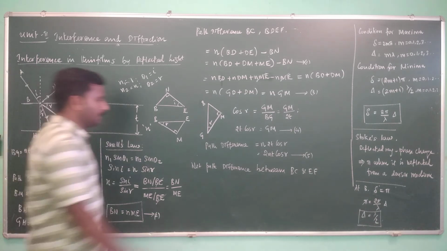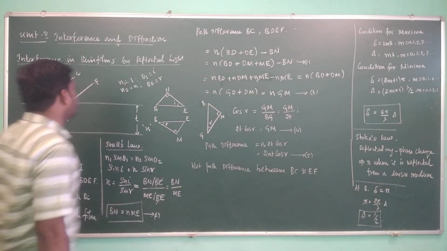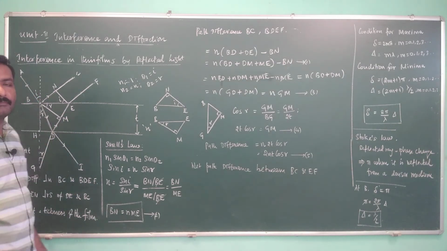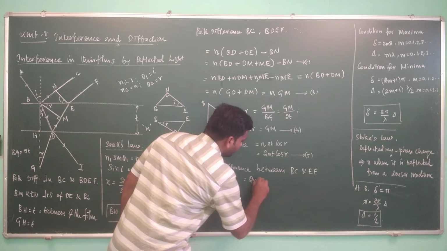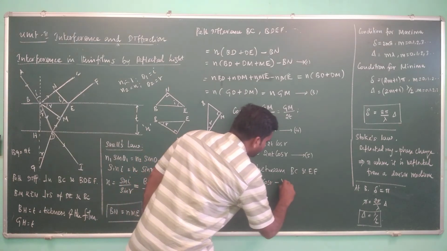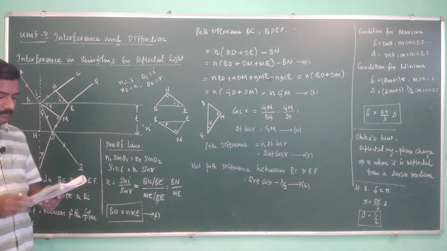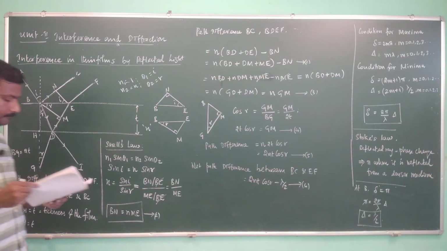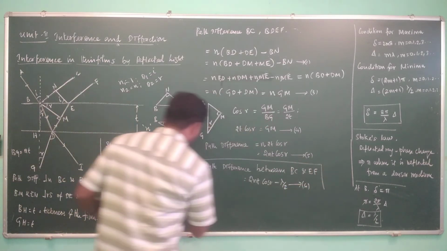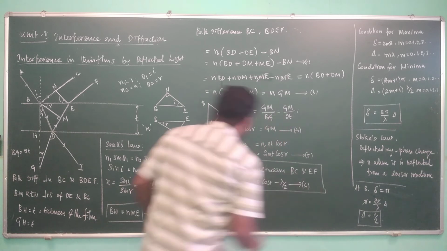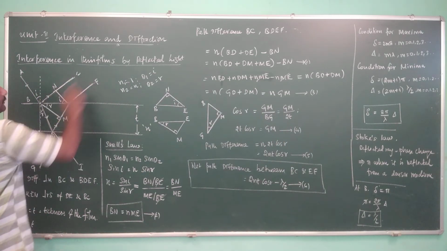If you want the net path difference, you have to subtract lambda by 2 from this path difference 2nt cos r, so you can write 2nt cos r minus lambda by 2. So this is the net path difference between the reflected and incoming ray, I mean, between BC and EF.